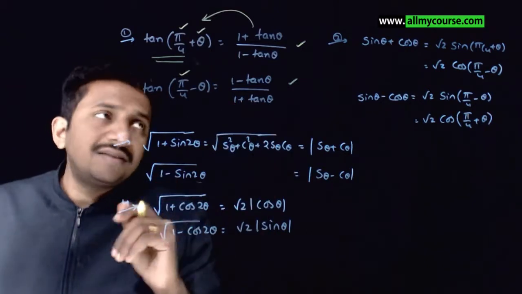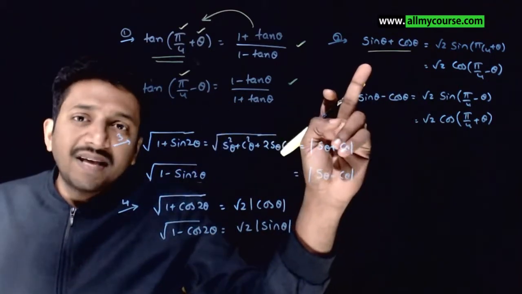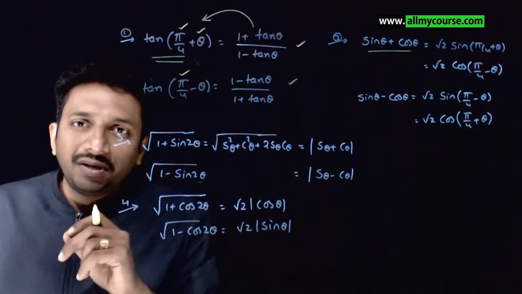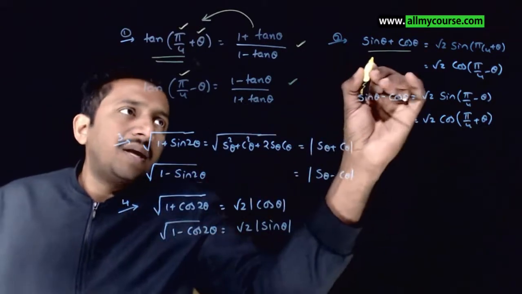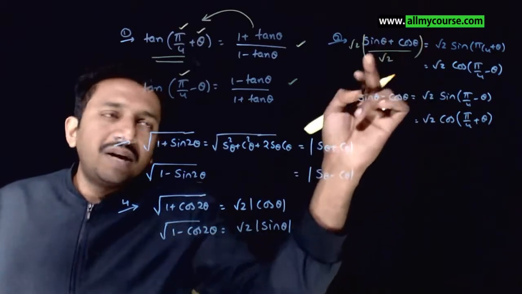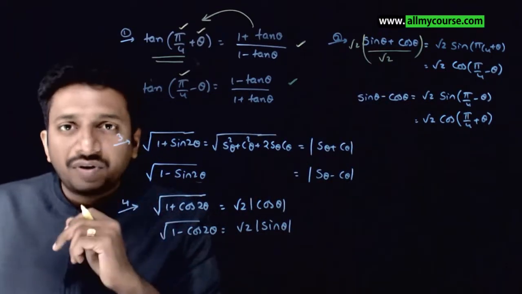And the next set is sin θ + cos θ. Whenever you have sin θ + cos θ, if you want to convert it into a single trigonometric ratio, going from two terms to one term, you can divide by root 2 and multiply by root 2. Once you divide by root 2, 1/root 2 is sin 45 as well as cos 45.